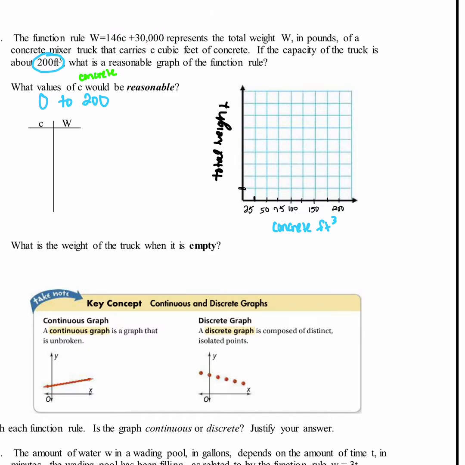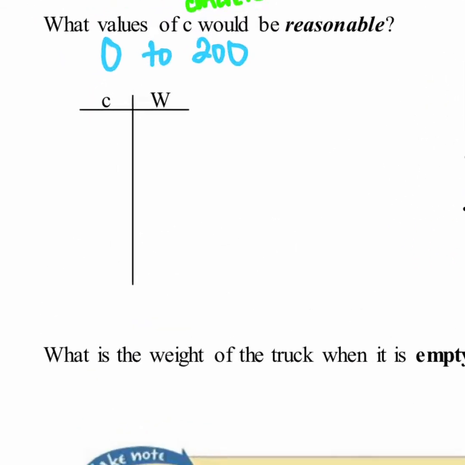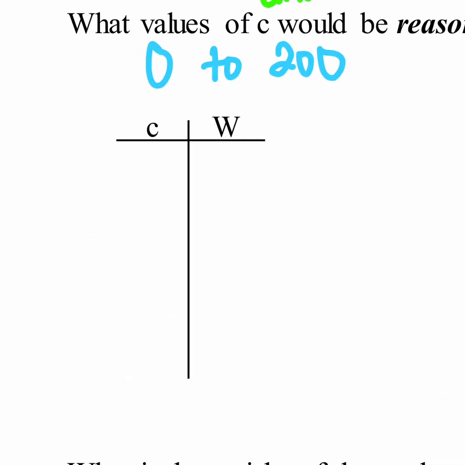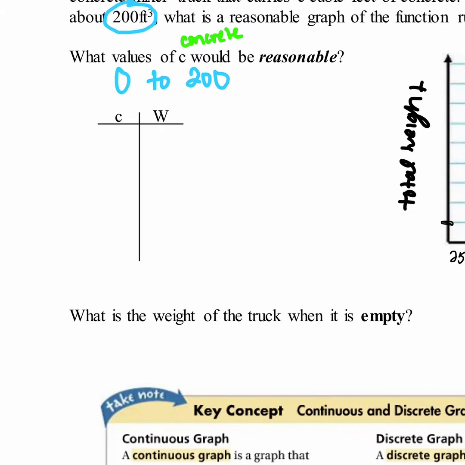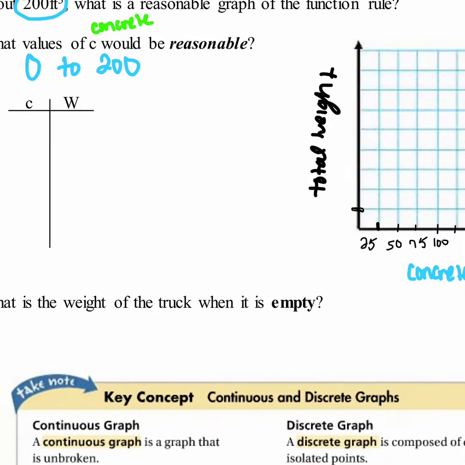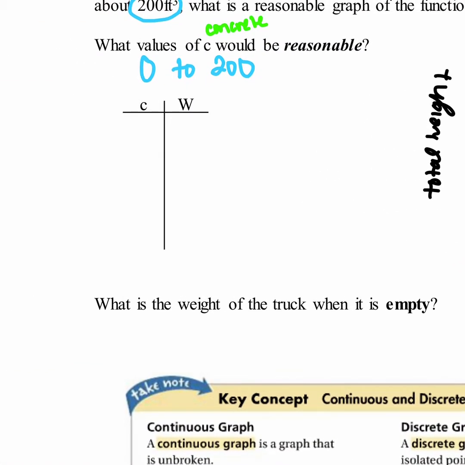So because this value here is so high, I'm going to hold off on making my y scale. I'm going to take some values for concrete and find what the W is. Now it doesn't make sense to do negatives, right? We just talked about that. So I'm going to start with 0, and then go up by 50. That way I only have to graph about 5 points, and it will give me the majority of my graph, if not all of it.